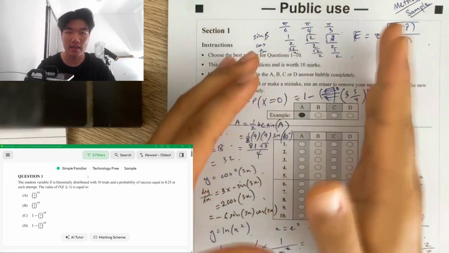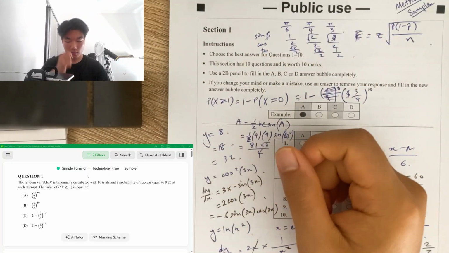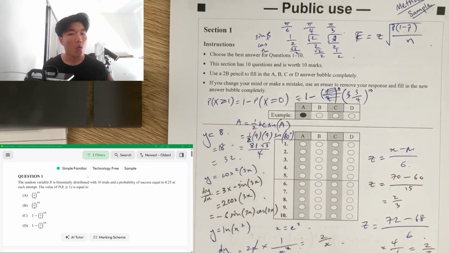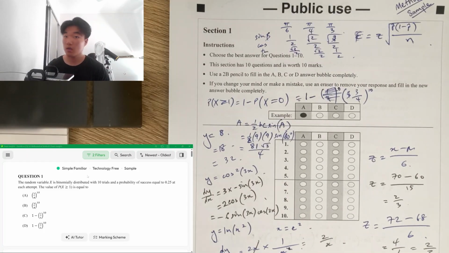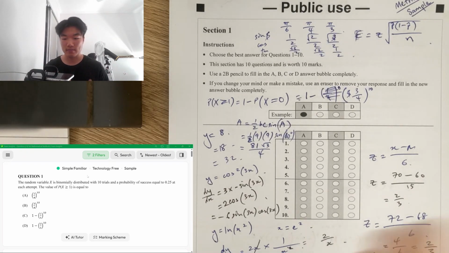That is not ideal. Ideally, 1.5 minutes per mark. That's kind of the aim. If we get faster than that, that's excellent. We have more time at the end. If we spend less than 1.5 minutes per mark on average throughout the whole paper, we have more time to spend on double checking, triple checking, and quadruple checking our work.